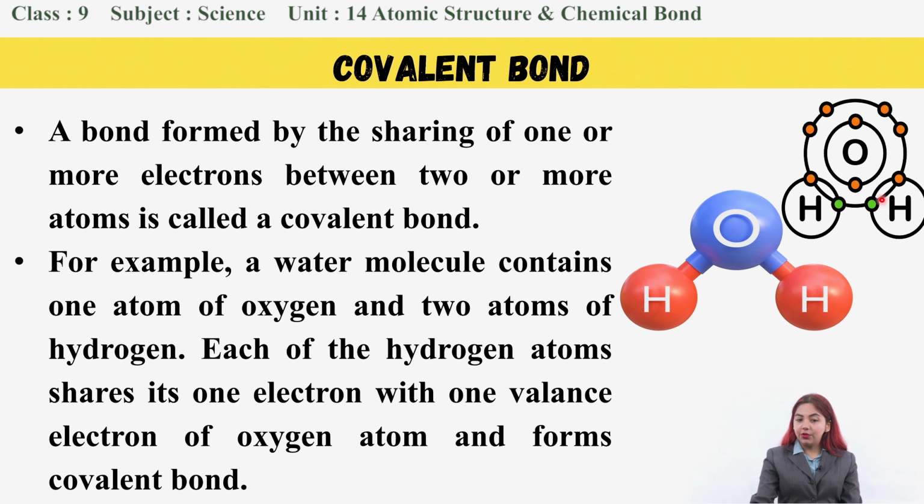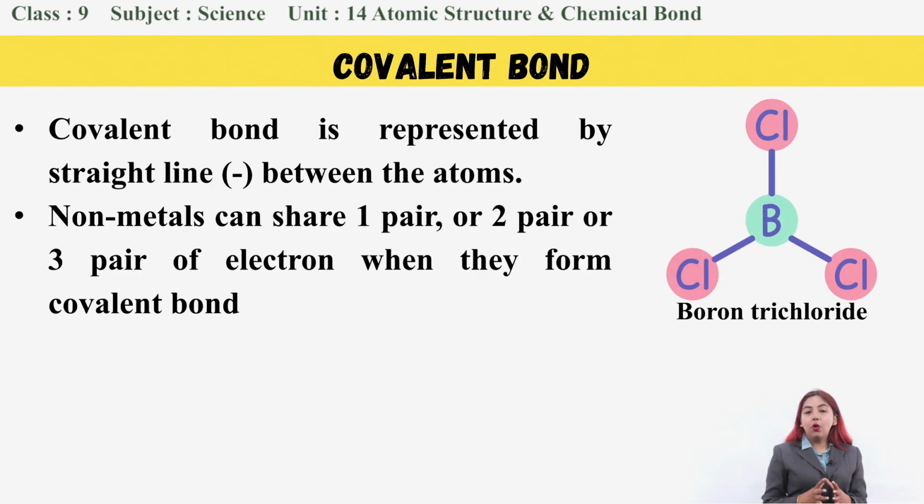This type of bond is known as covalent bond. Now, covalent bond is represented by a straight line between the atoms. For example, here in boron trichloride, you can see that boron shares a single electron with each chlorine atom. So the covalent bond is represented by a straight line between the atoms which are involved in sharing of electrons.